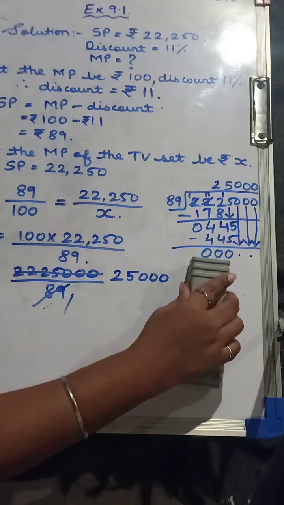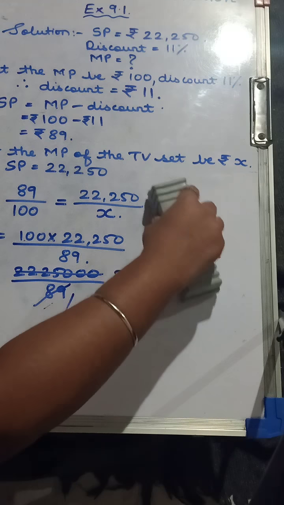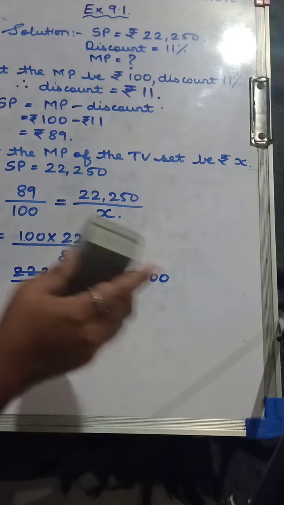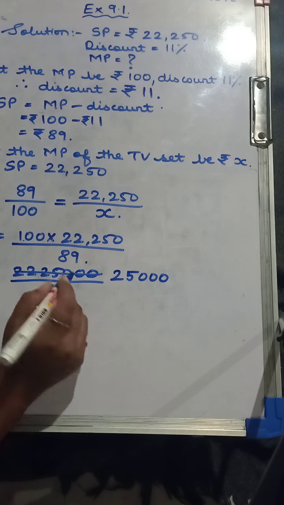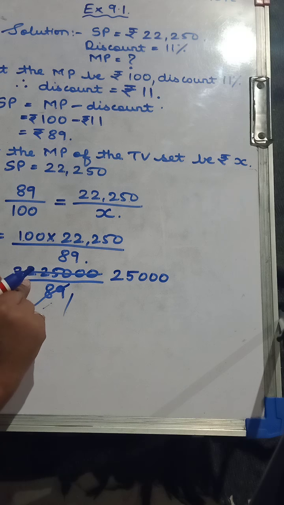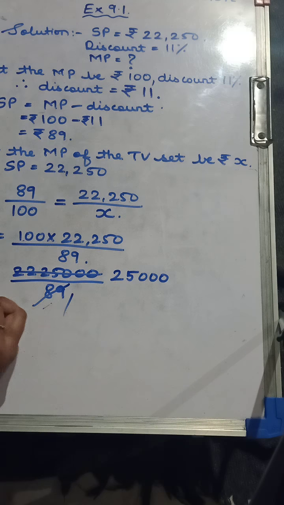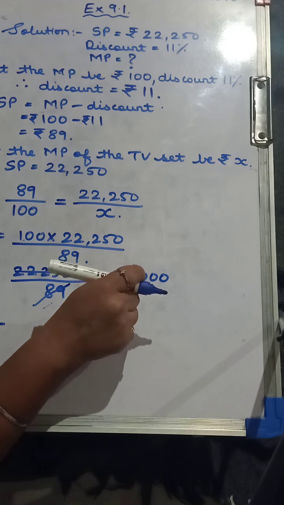So the rough column, you all are going to keep your rough column as it is, so that when you are solving sums, you know which table and what numbers you have used. So 89 1s and 89 25 thousands gives you this whole number. Now once you get the final answer here, this is what you have found as your marked price.